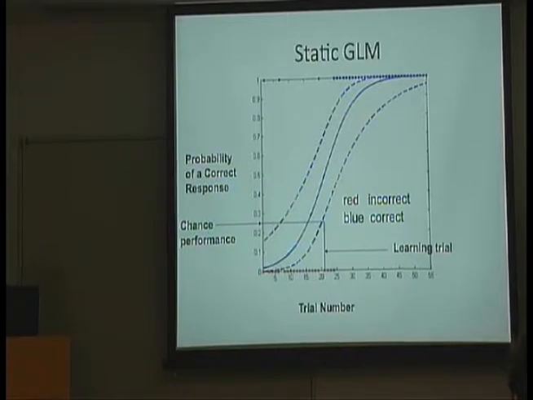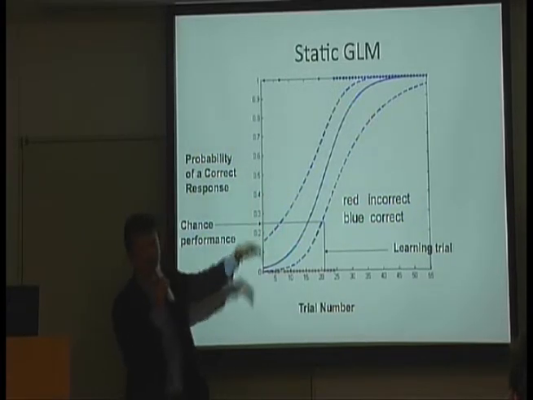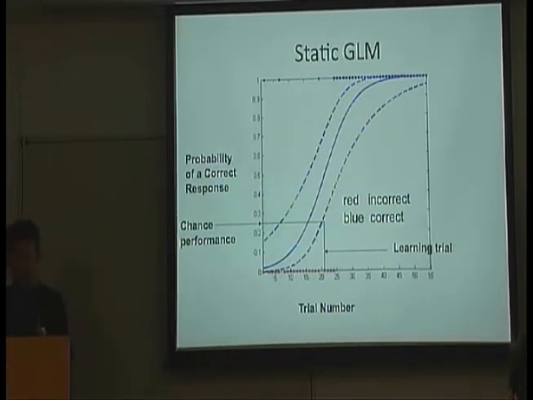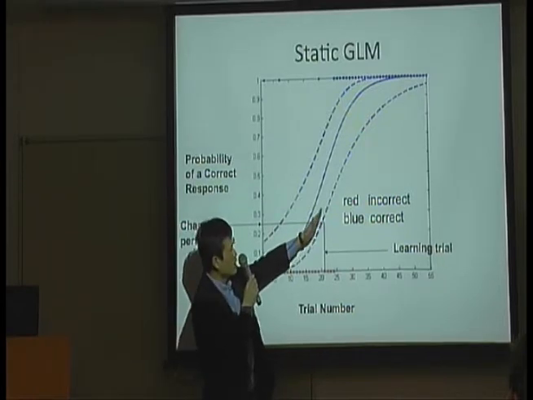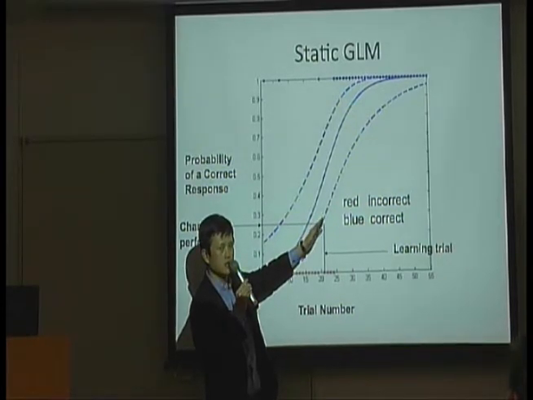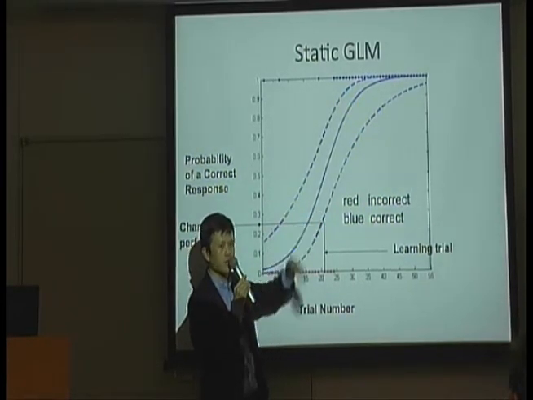It's a generalized linear model. You can fit it with a global solution, and then you can get the shade. This is the chance level. You can get a confidence bound based on the parameters. Then you can define that at a certain level, where the lower bound of the curve is above chance level, you can say the animal started to learn.